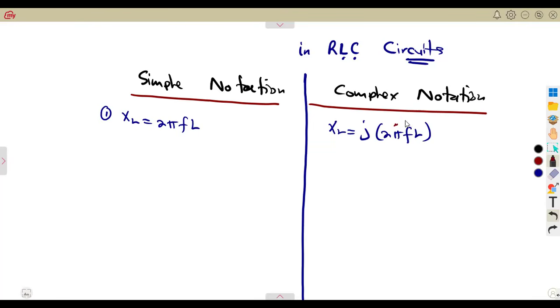This part represents the normal XL that we are used to in a simple notation, but now it has a J, which can be written in polar form as XL angle of 90 degrees for a purely inductive part. Whenever you're dealing with a purely inductive part, it will be at positive 90.